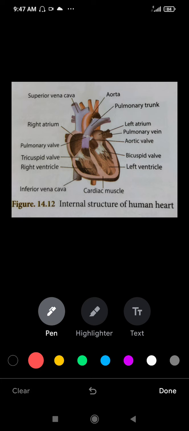What is the function of the heart? The heart is four-chambered. How many chambers? The heart is four-chambered.